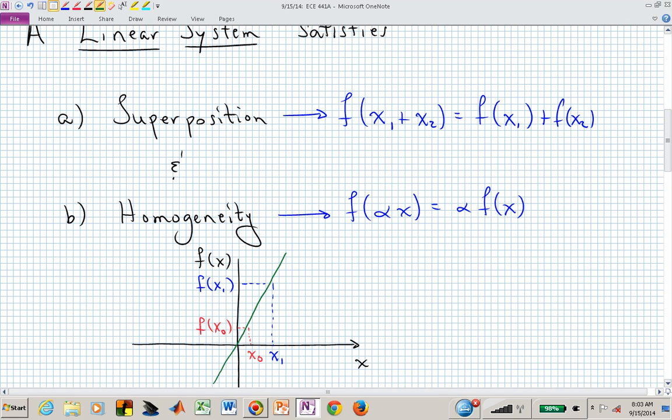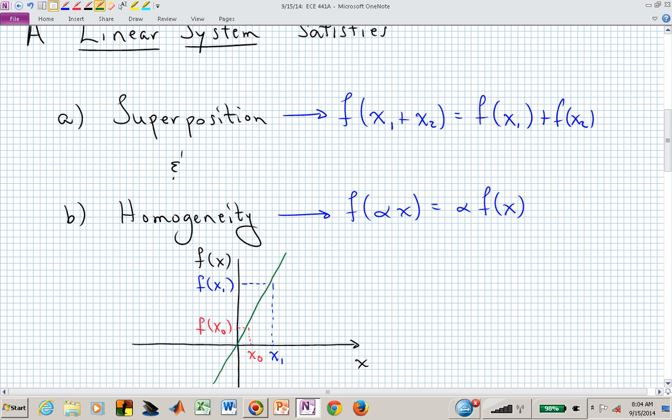Essentially, if you had the combination of 2 variables, you add those and you put those in the argument of your function, then that's going to be equal to the sum of the individual functional expressions applied to x sub 1 and x sub 2 individually. Likewise with homogeneity, if you scale the input variable, that's equivalent to scaling the result of the functional form.